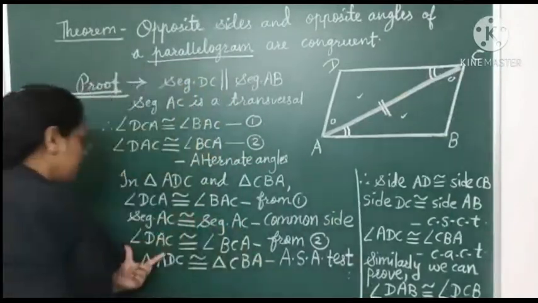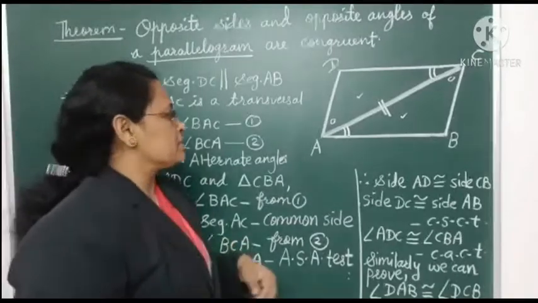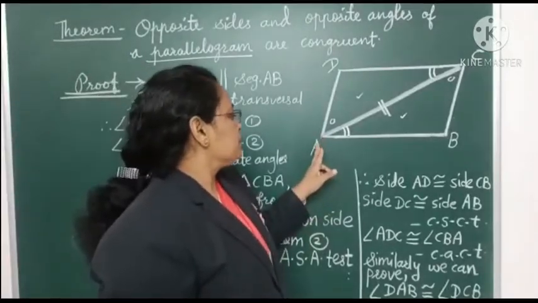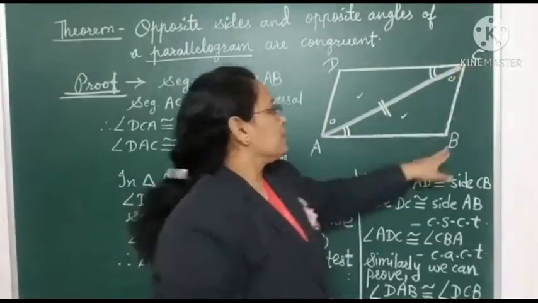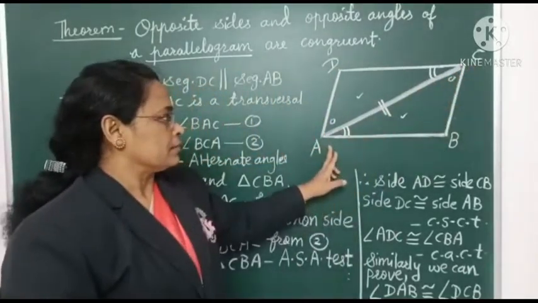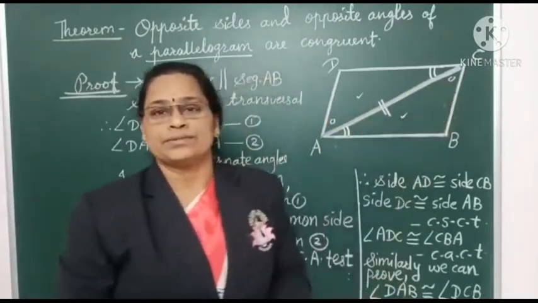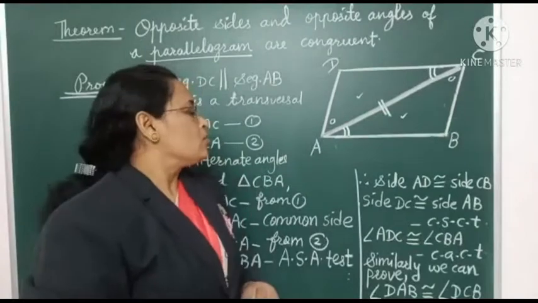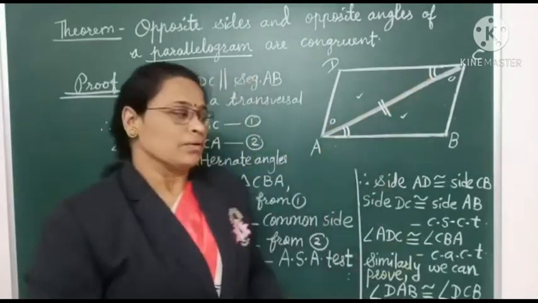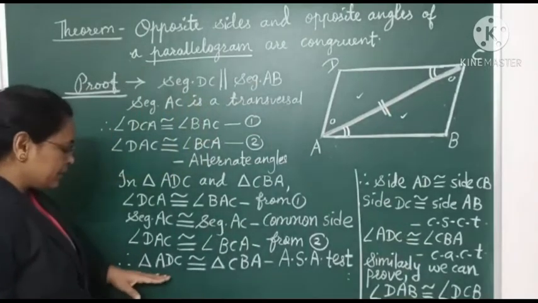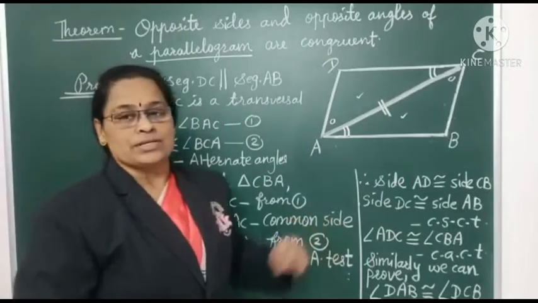Then the second pair of alternate angles is there, that is angle DAC congruent to angle BCA. These two angles are congruent to each other because they are alternate angles. So here we can clearly say that both the triangles are congruent by the angle side angle test of congruency of triangles. So we will write: triangle ADC congruent to triangle CBA by ASA test.